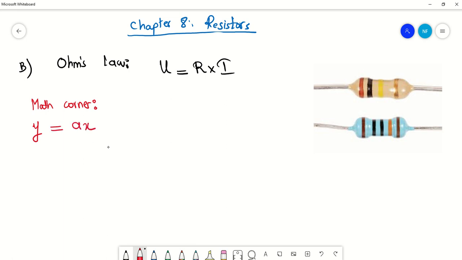In this equation we have two axes: the vertical axis is called y, and the horizontal axis is called x. This will be the origin, 0. When I have the equation y equals ax, the figure obtained will be a straight line, and this straight line passes through the origin.